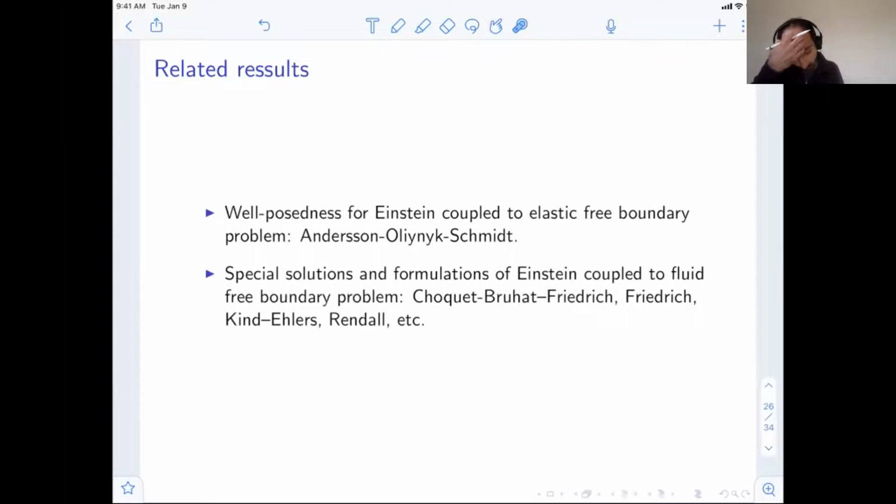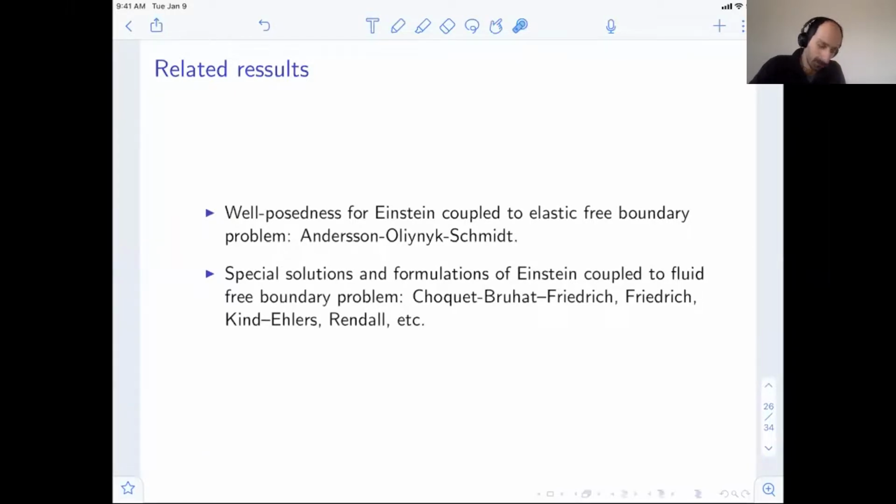While in the case of fluids, I don't know any well-posedness or a priori estimates, but there are works by Rendall, Kind, Ehlers, and Friedrich, less on the free boundary part, but on this type of fluid formulation that we use, more on constructing some solutions without really tracking the boundary.